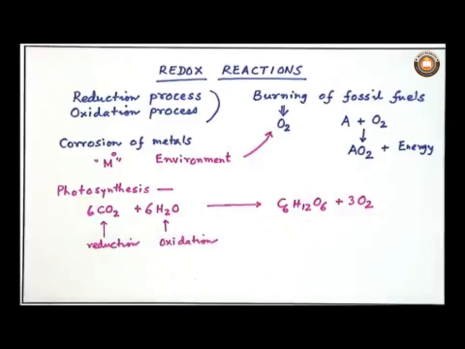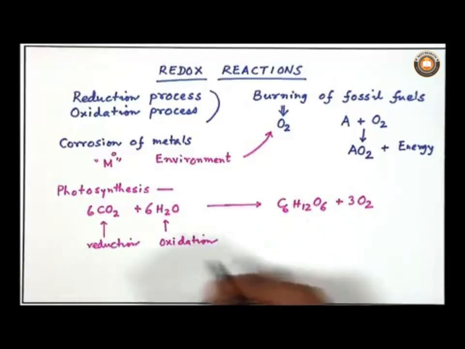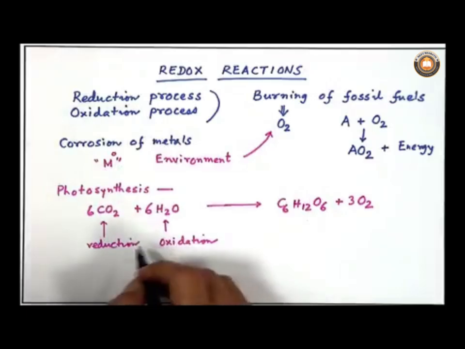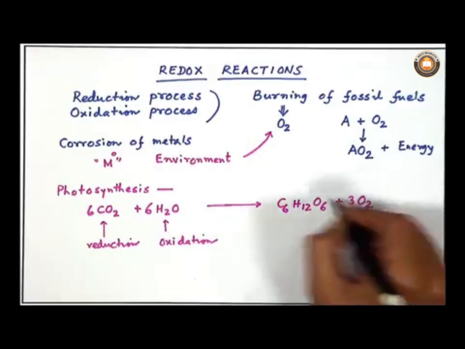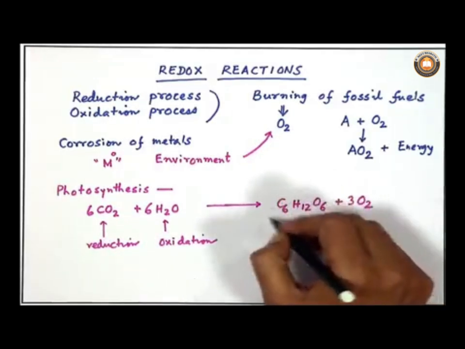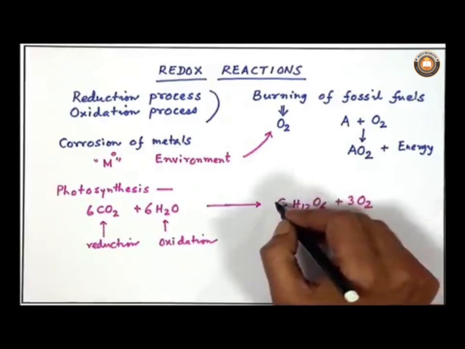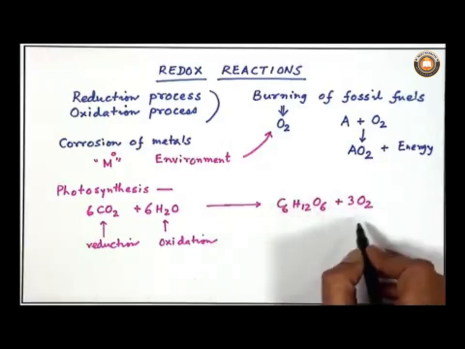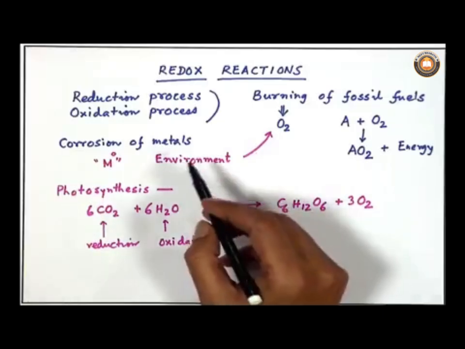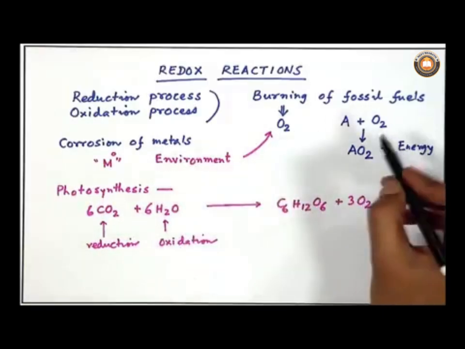So, in this very simple process of photosynthesis, which we know from our early days of schooling, these two reactions, the oxidation and reduction reactions, are involved, and this involves formation of an energetic molecule, because the glucose molecule can give rise to the carbohydrates, which are our main source of energy.